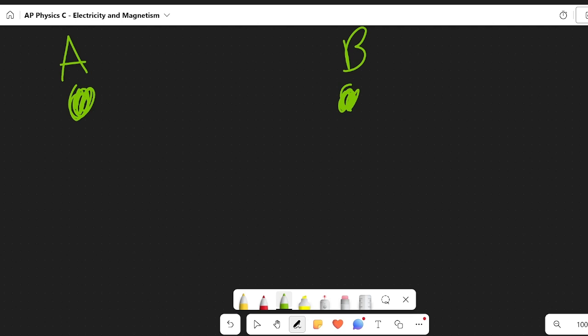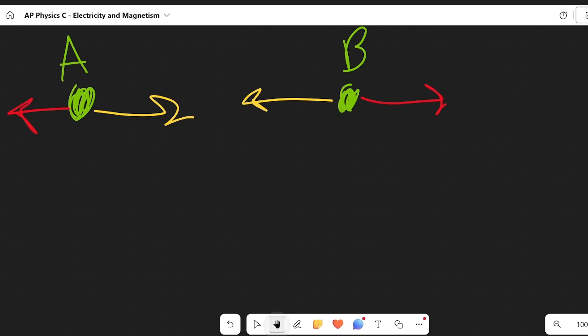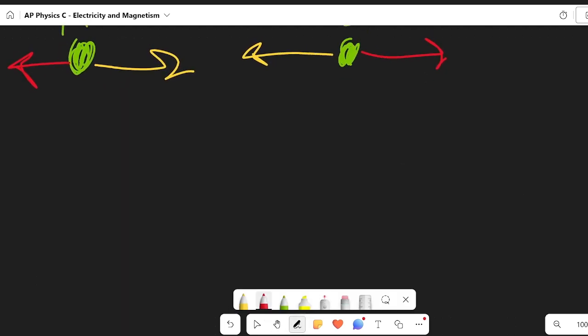And we have a point charge here, which is B. Coulomb's law is going to tell us what the force will be that these two are attracted or repelled by, right? This is what Coulomb's law tells us. They'll be repelled or attracted by a vector, and Coulomb's law will give us the magnitude of that force.